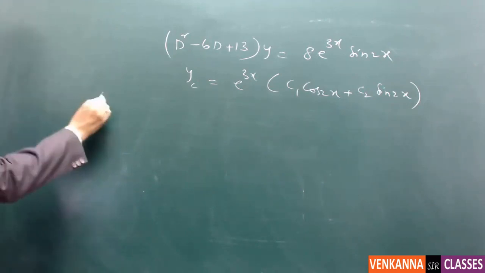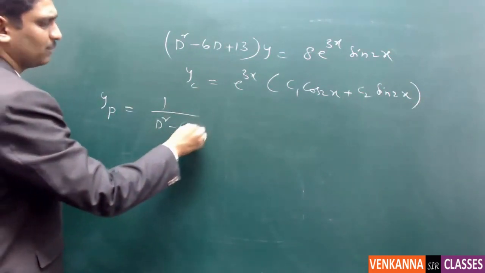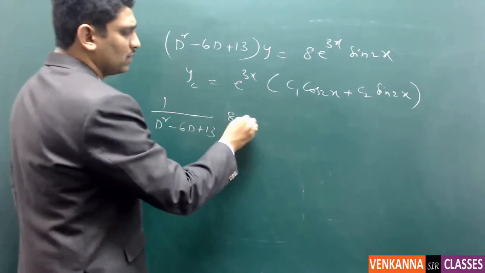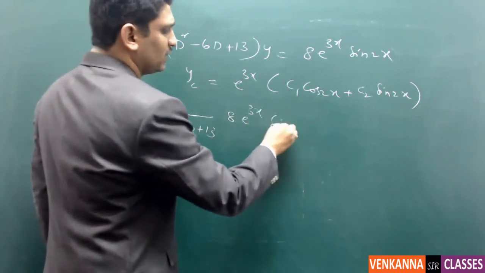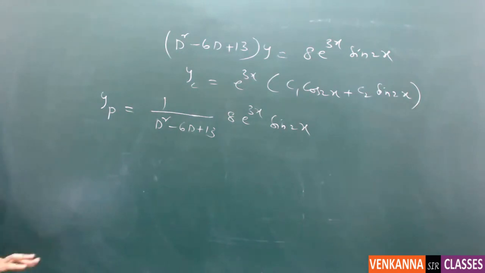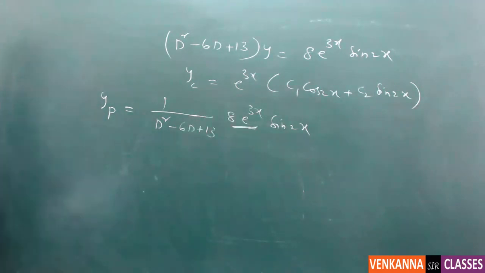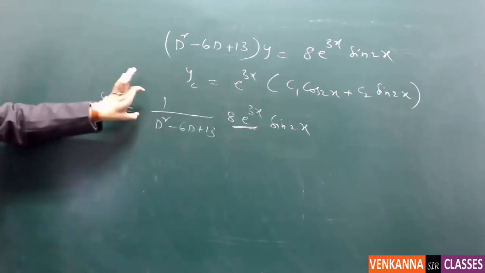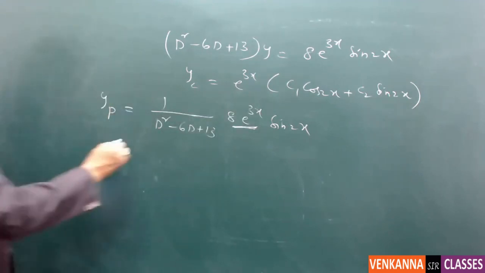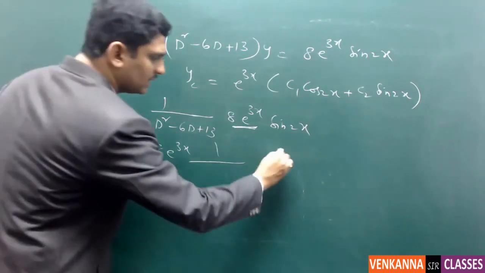So for YP, 1 by d square minus 6d plus 13 into 8 e power 3x into sin 2x. Whenever this is there, always remember that the exponential part should be taken to the front, and this will remain here.